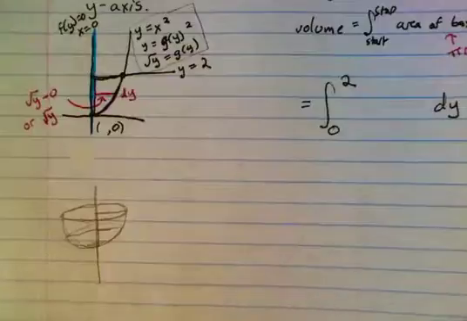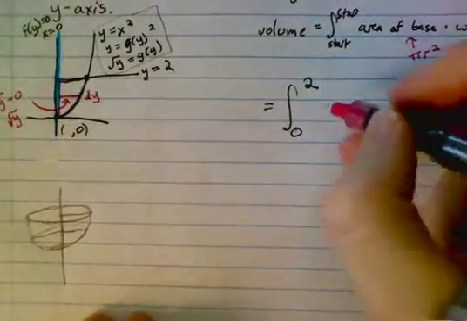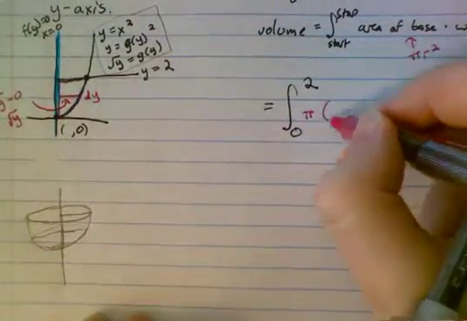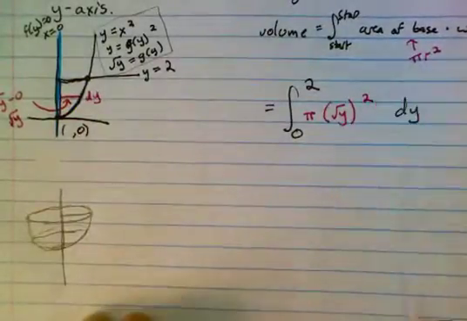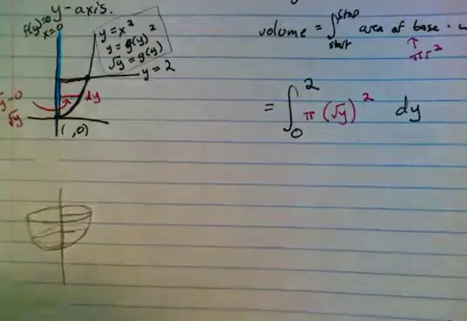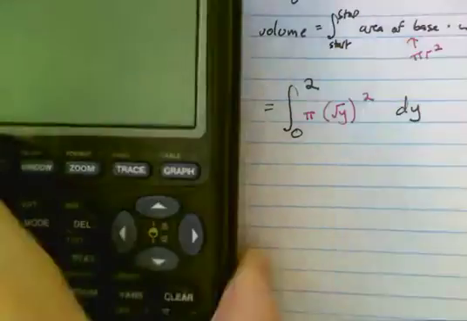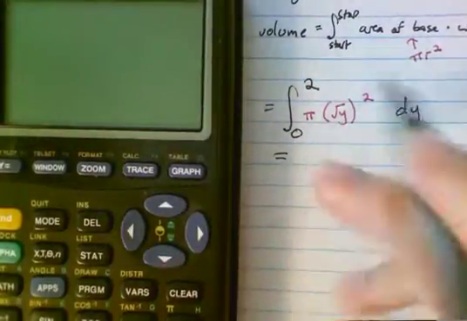So I can set up my pi r squared by doing pi times r, which was just square root of y, squared. Again, this is one that I can do by hand, but if you don't have to, don't.